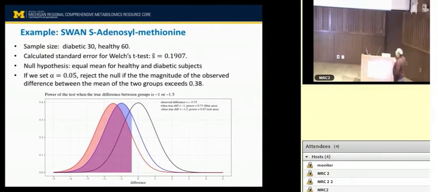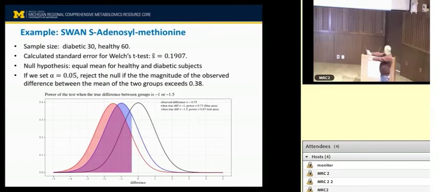So another way to think about it, since a lot of people in the omics area want to think in terms of fold changes, if you have enormous fold changes, essentially the two hypotheses are very far apart in terms of the mean levels. Or another way to see that is that the box plots don't even overlap when you plot the data, and in that case you achieve a very high power.